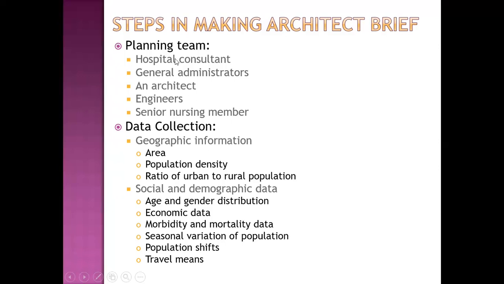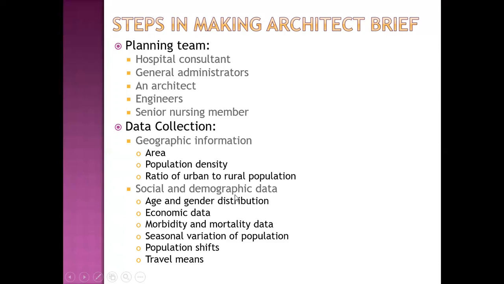These are the steps. So we should have a planning team which include hospital consultant, general administrator, an architect, engineers, and senior nursing member. We should do data collection, data on geographic information, that is area, population density, ratio of urban to rural population.